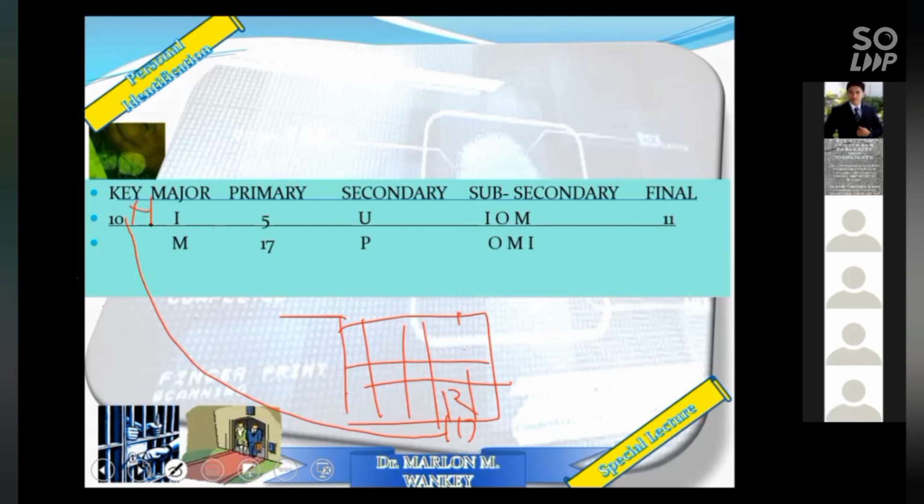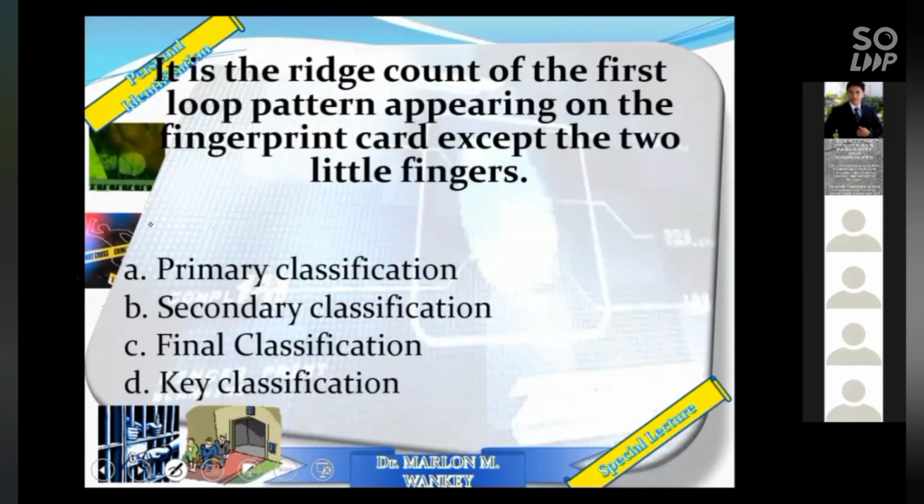Again, this is the only classification that has no denominator. So it is the ridge count of the first loop pattern appearing on the fingerprint card, except the two little fingers. What is that? Yes, it is the key classification.